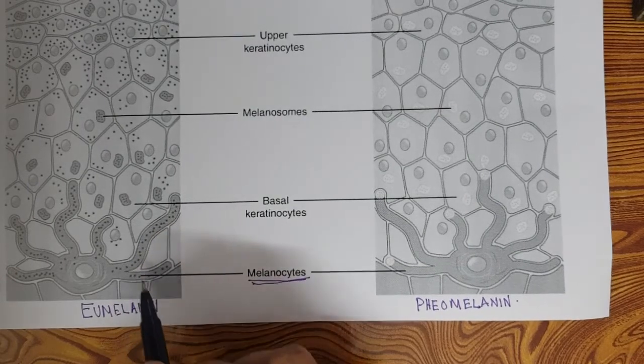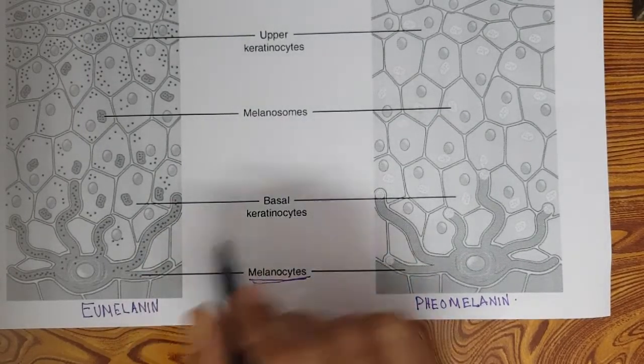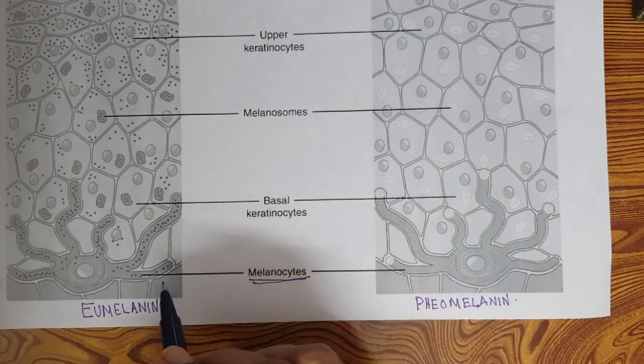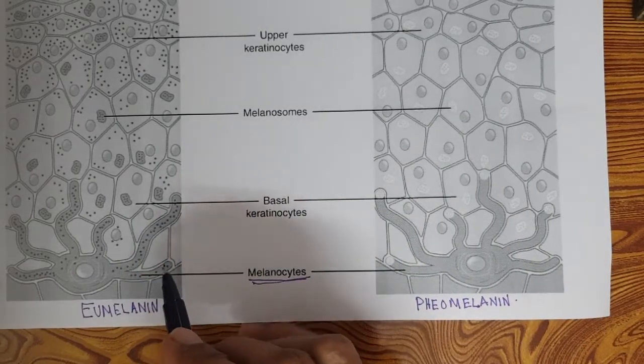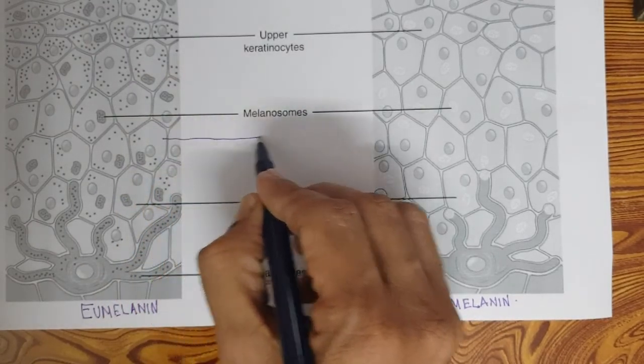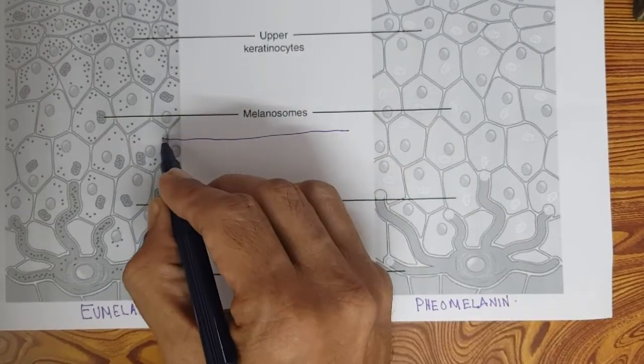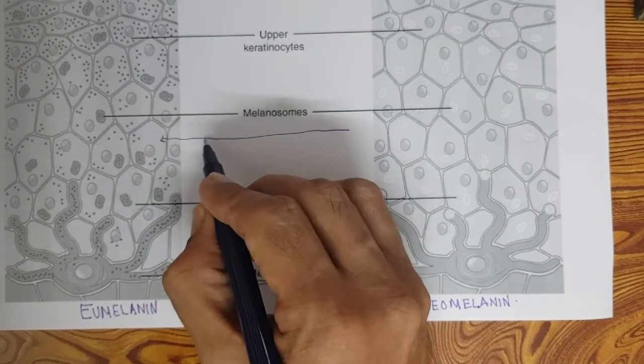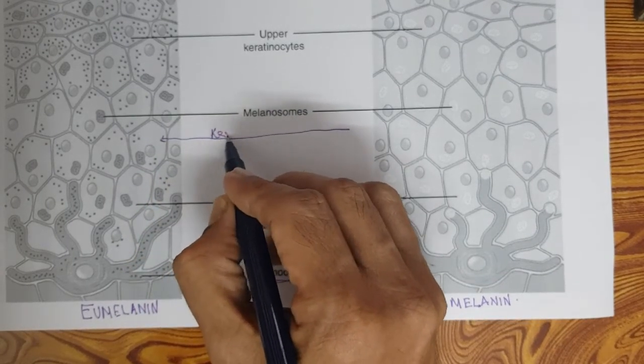These are all the melanosomes. Now, what is this? This cell is the keratinocyte.